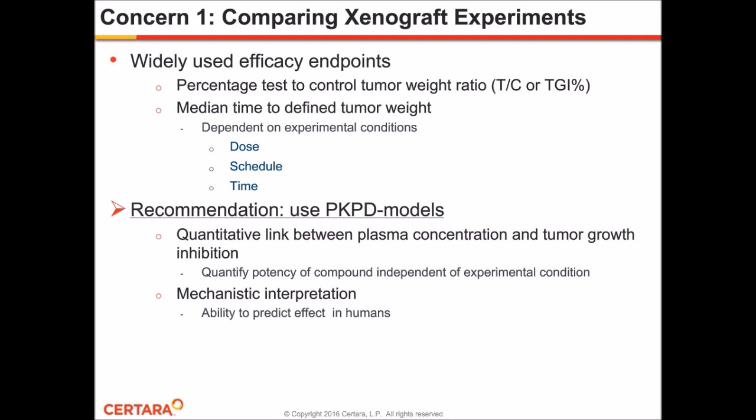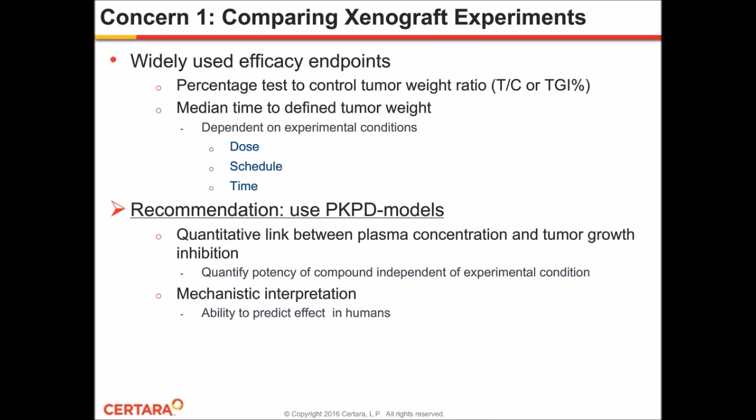So a better way to measure the potency, specifically if you want to compare across compounds, is our recommended solution: to use models, PK/PD models on xenograft study data. Because this provides you with a quantitative link between the plasma concentration of your compound and the respective tumor growth inhibition.